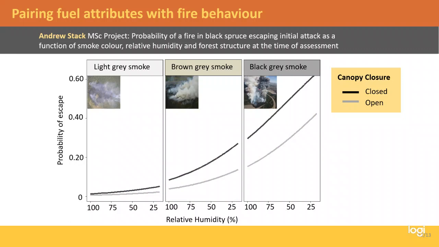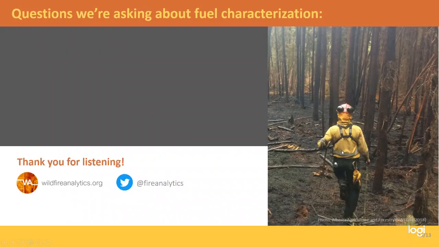And then he also extracted other variables from the photos, like the color of the smoke, which is a good indicator of intensity. And so you can see that when you've got that higher intensity fire and the relative humidity is dropping, there is quite a difference in the probability of escape depending on stand structure. So it's kind of a neat insight using just operational photos.